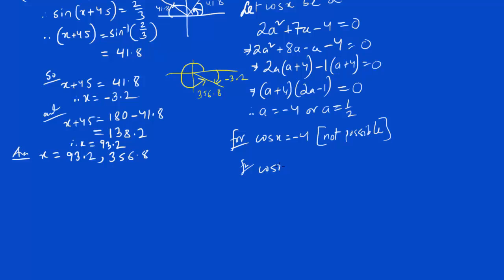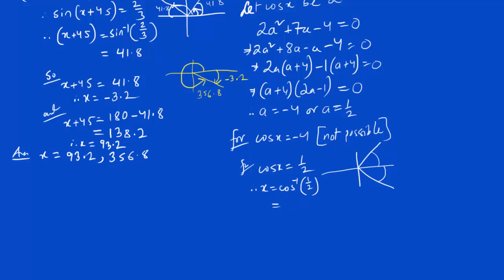For cos x equals half, first of all we have to choose the quadrant. Step 1. So cos is positive in the first quadrant and in the fourth quadrant. So these are the two quadrants where cos x is positive. Now we have to find the basic angle. So it would be cos inverse, positive value of this. Half is already positive. So cos inverse of half.